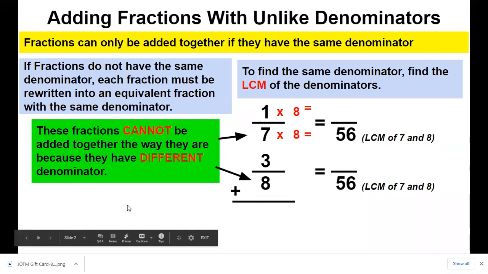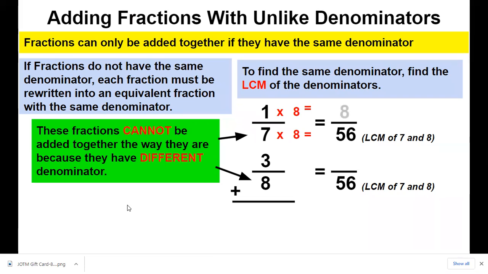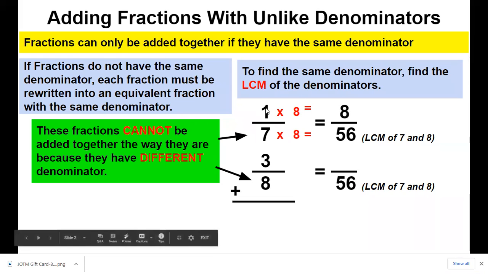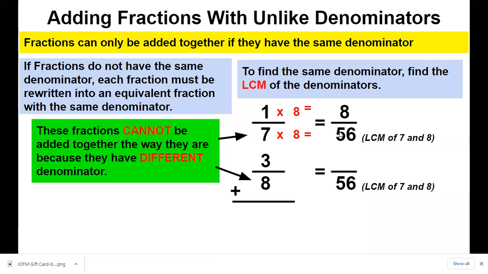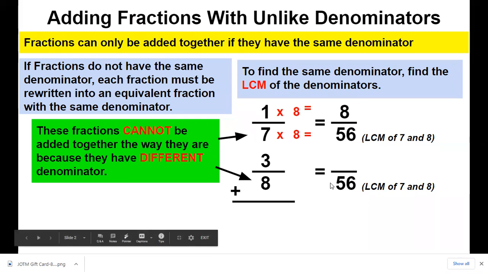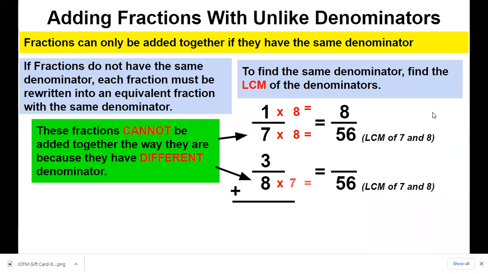And then 1 times 8 is equal to 8. So 1/7 is equal to 8/56. It's the same ratio, the same fraction, it's equivalent, it's just written differently. And then we do the same with the bottom. So 3/8 is 8 times what down here gives me 56? 8 times 7 gives me 56.